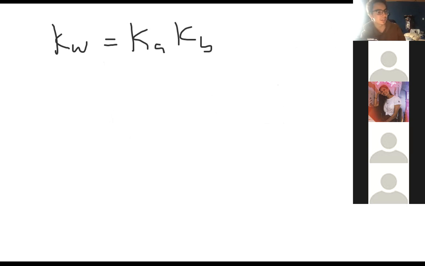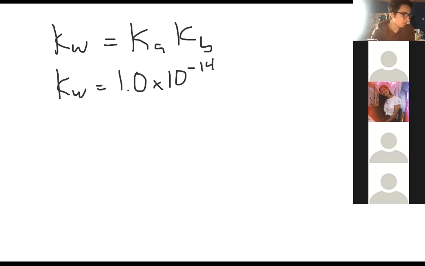You recall from the beginning that Kw is equal to 1.0 times 10 to the negative 14. It tells us to be careful when applying this equation, as it only applies to conjugate acid-base pairs, so one must be the conjugate of the other.